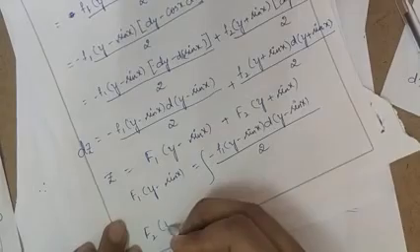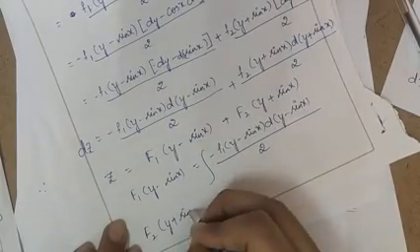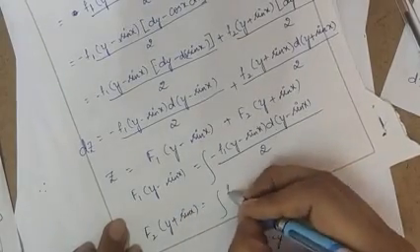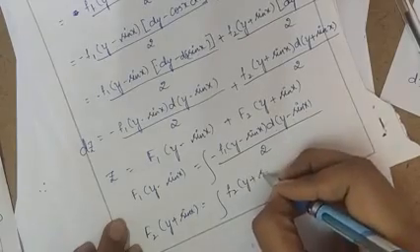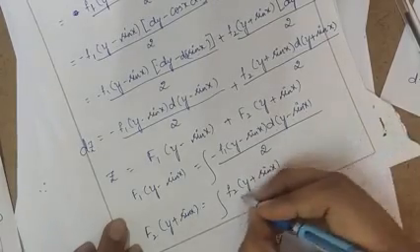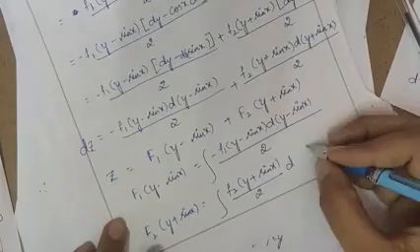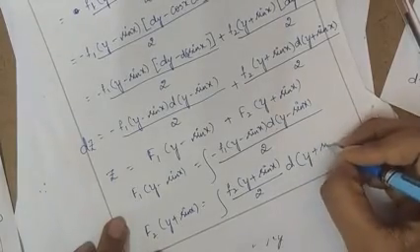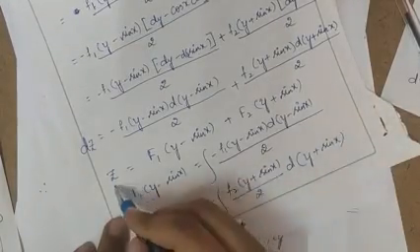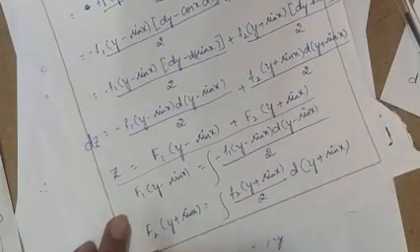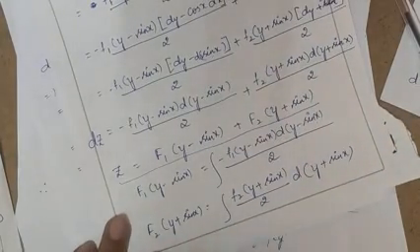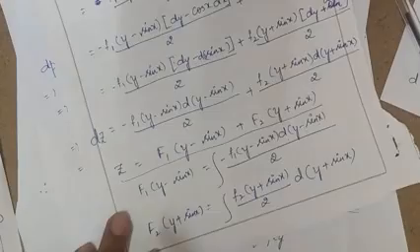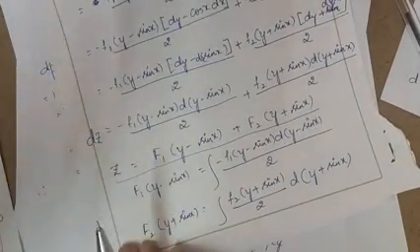Similarly, f2 of y plus sin x will be the integration of f2 into y plus sin x by 2 with respect to y plus sin x. So this is nothing but my final solution to the given partial differential equation using Monge's method. Thank you.